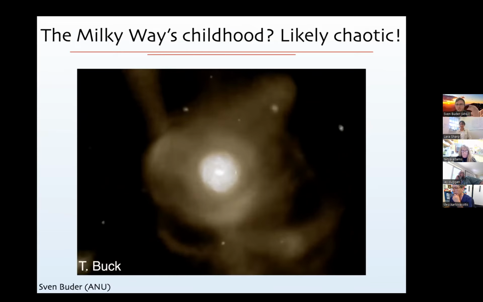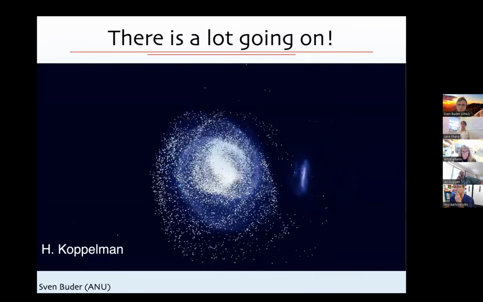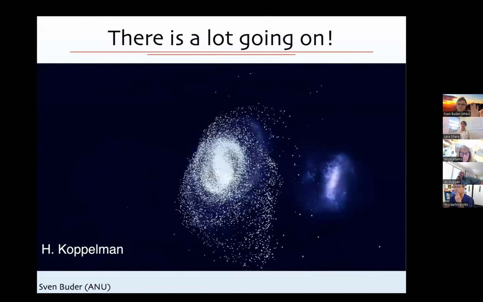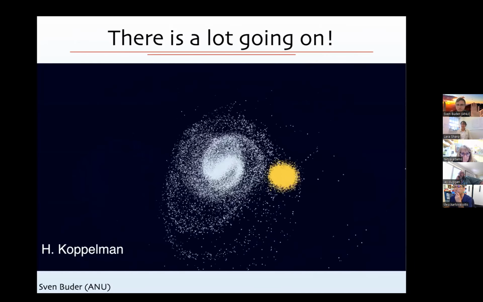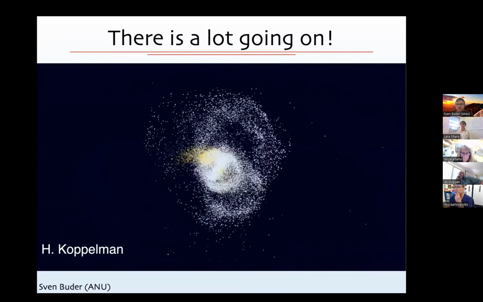Now, in simulations, we of course know exactly what's going on. So if you, for example, would like to color code the Milky Way and another galaxy that's going to collide with it in a simulation, like this one here from Helmut Koppelmann, you can easily do that as white and yellow. Now, in reality, when this merger happens, everything is going to mix.